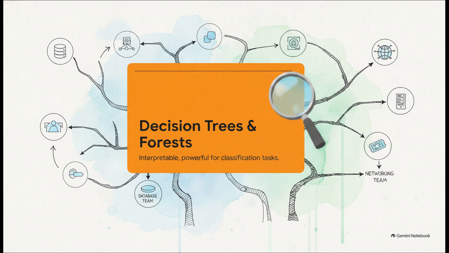That means you can trace exactly why the model made a specific decision. Unlike some advanced AI that just acts like a totally opaque magic black box, a decision tree lays out its logic branch by branch. So, if your manager asks why the system auto-routed a critical ticket to the database team instead of networking, you can look at the tree and point to the exact metric that triggered that choice. That kind of auditability is pure gold for an IT professional.